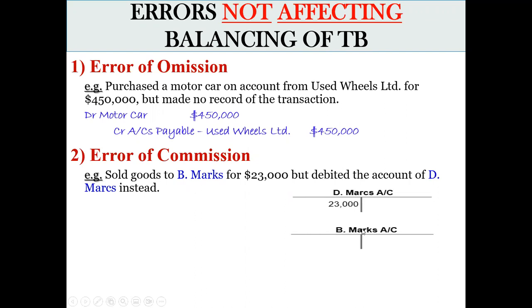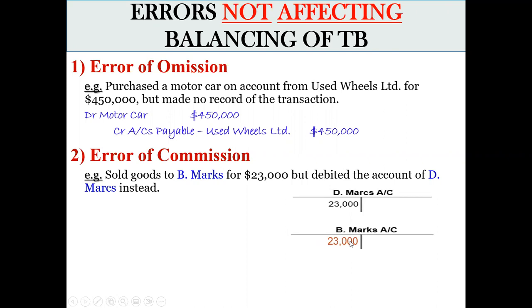So we need to take it out of D Marks' account and put it where it rightfully belongs, in B Marks' account. To take it out of D Marks' account, won't I have to credit the account? Yes, miss. And the corresponding debit, put it where it belongs, in B Marks' account.